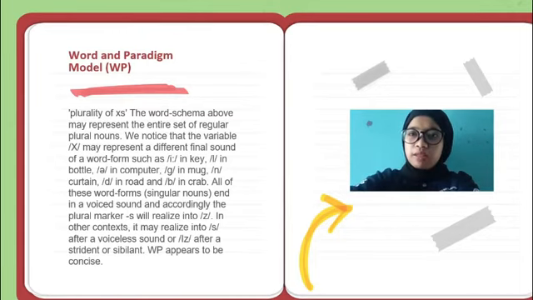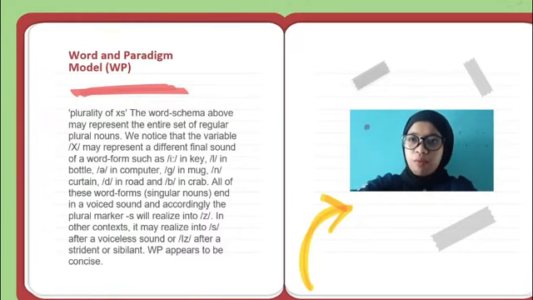We notice that the variable X may represent a different final sound of a word form, such as e in cake, a in bottle, r in computer, g in mug, n in curtain, d in road, and b in crab.